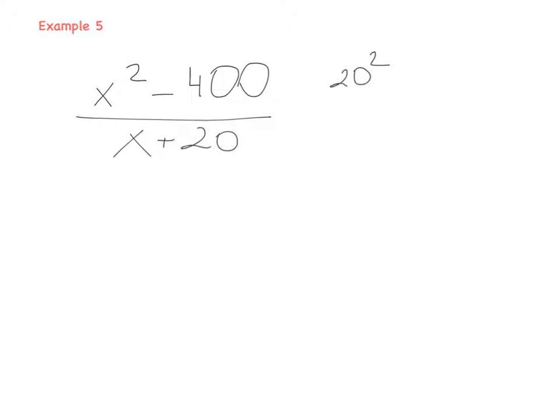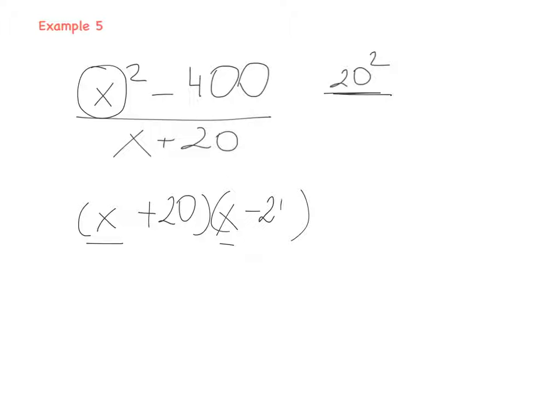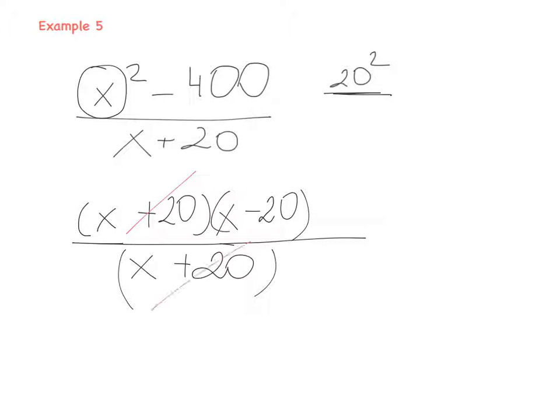And how to factorize it? So we have 2 brackets, plus minus. Okay, x goes first, and then we have 20 in here, so x plus 20 and x minus 20, all over x plus 20. Okay, cancel it out, and I'm left with x minus 20.